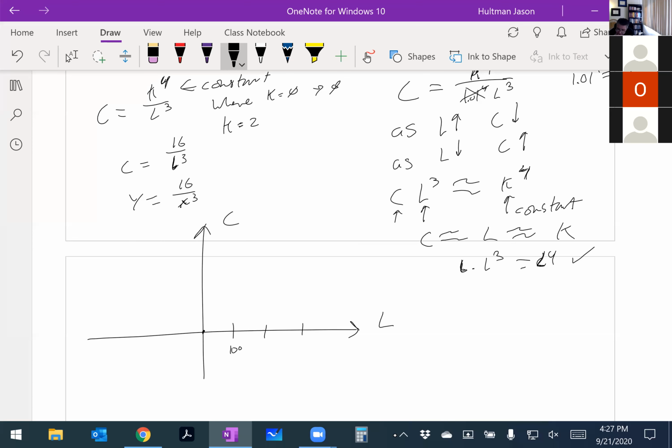So for various values of k, what's the difference? Well, the only difference is the constant that's on top.